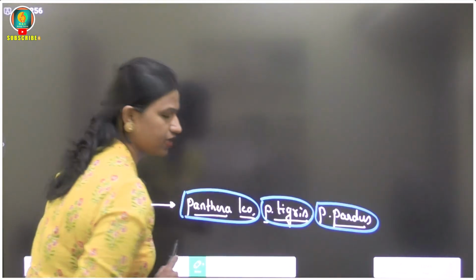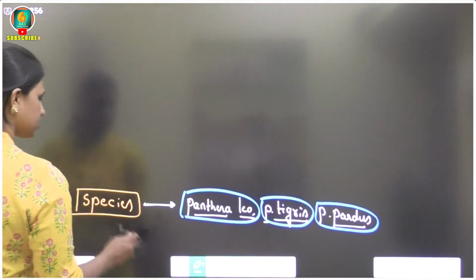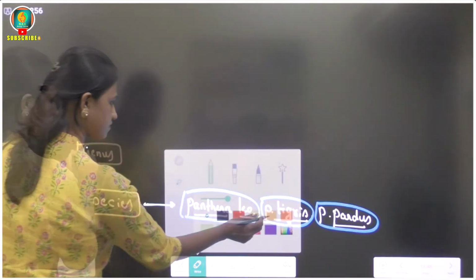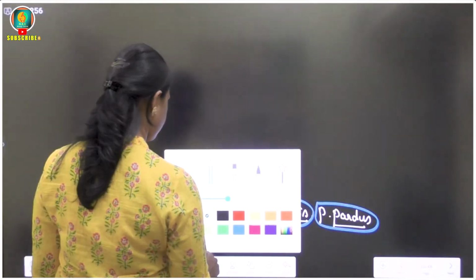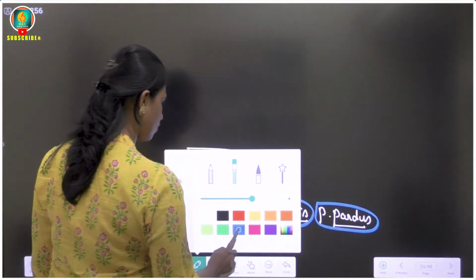So these are the examples they have given. All are having some similar nature. Therefore, they come under the same genus. What is that genus? Nothing but Panthera.